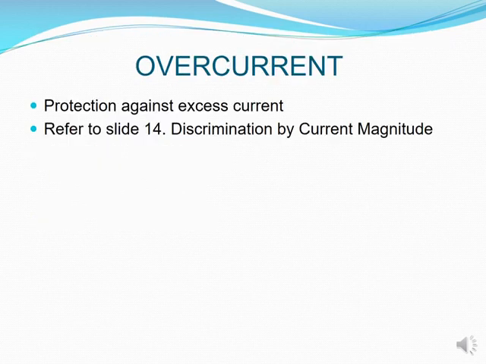So firstly, we have what we call the overcurrent, and really this is protection against excess current. If you refer back to our slides or to lesson 2, when we talked about discrimination by current magnitude, that's how we do overcurrent.